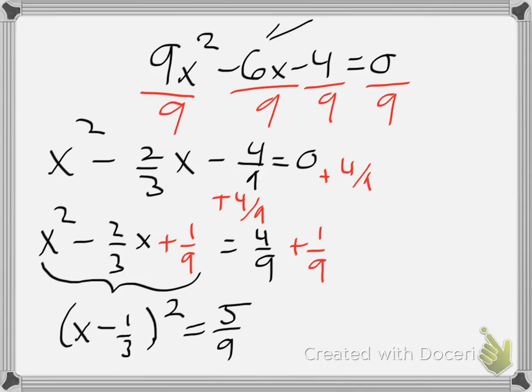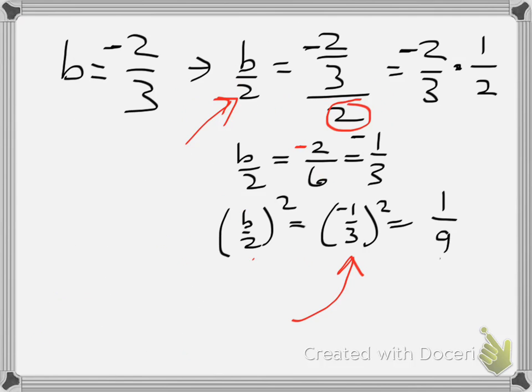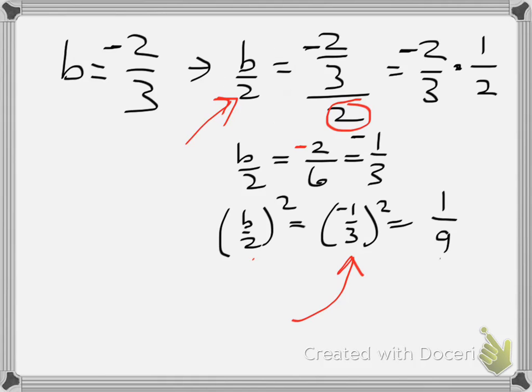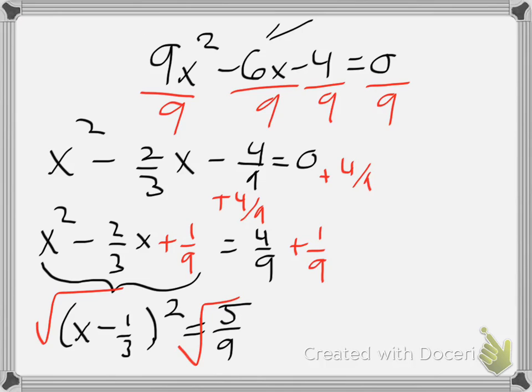Now to solve, I'll take the square root of each side. So I have x minus 1/3 is equal to the square root of 5/9, and I need a plus or minus.